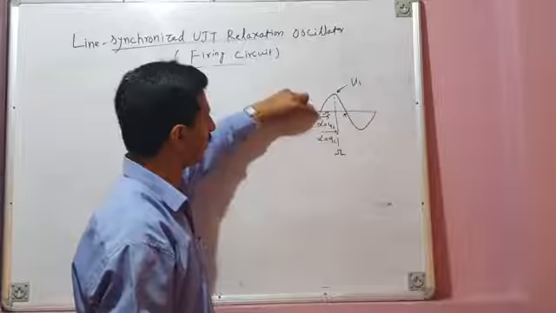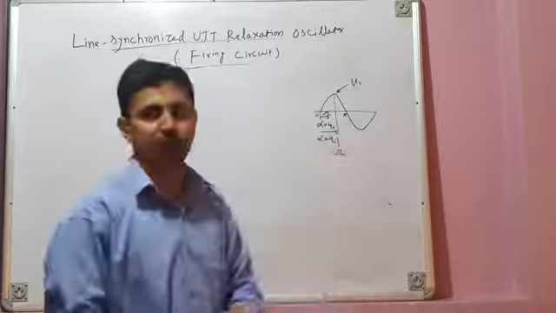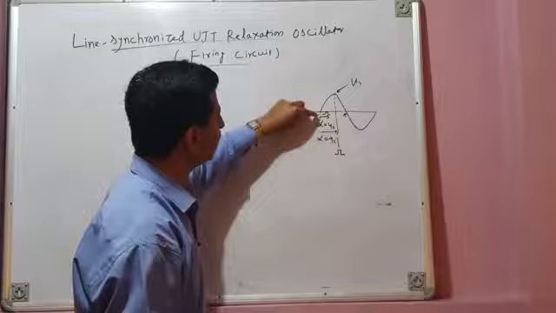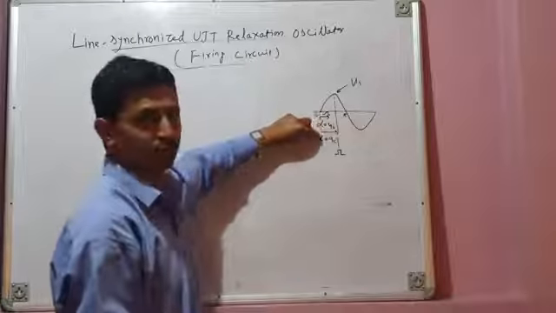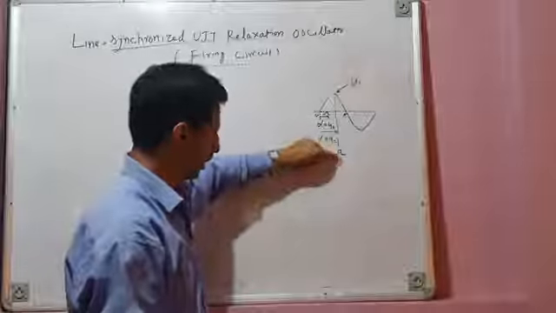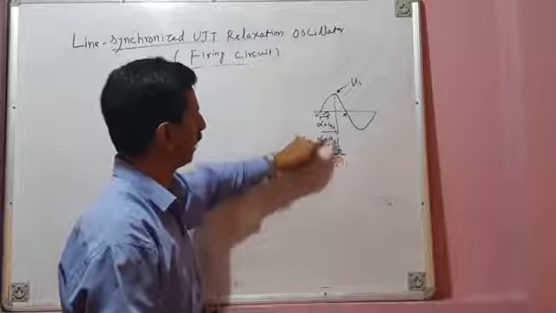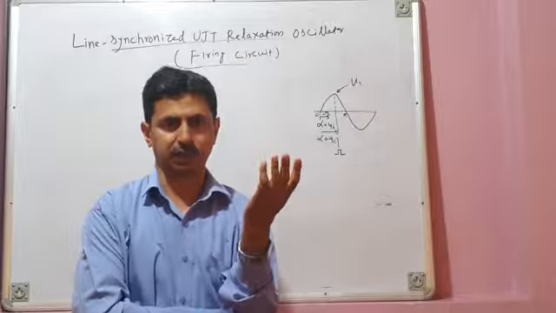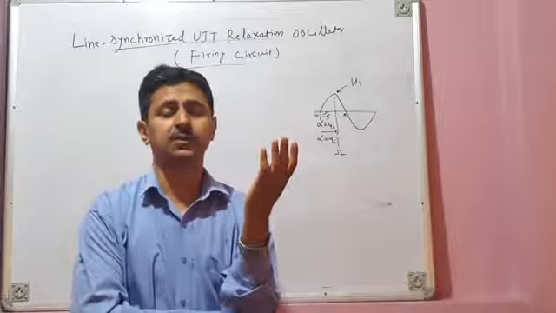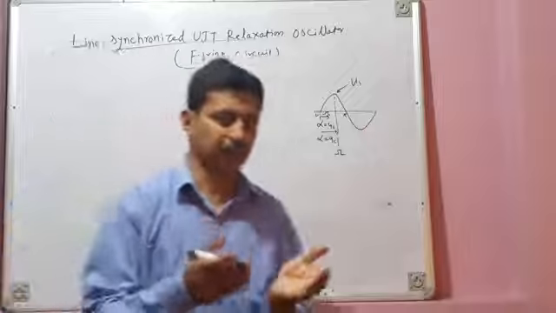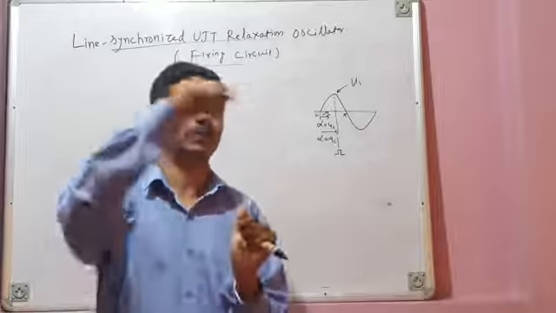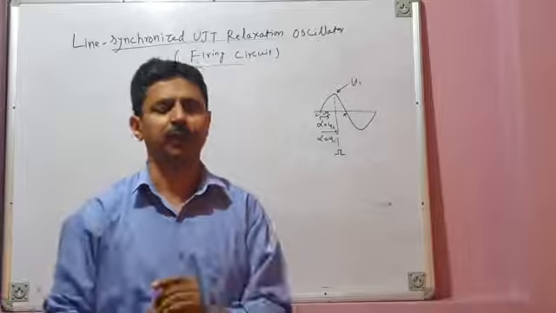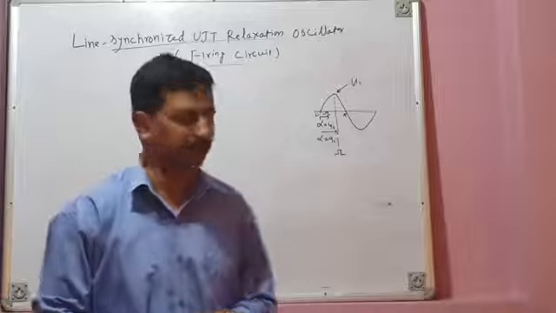This is called line synchronization. Line synchronization is very, very important. Otherwise, your firing pulses may occur randomly at any point of time, and you may not get a symmetrical voltage waveform.